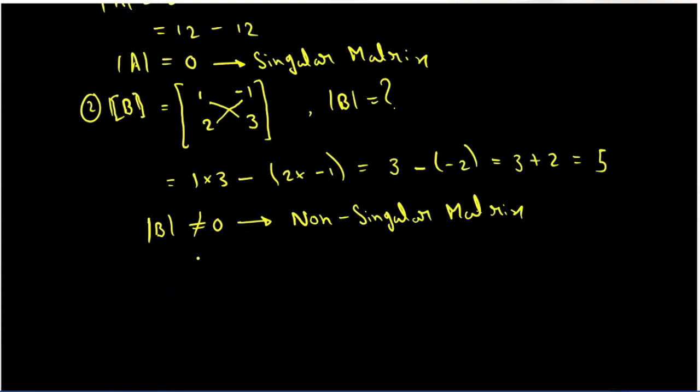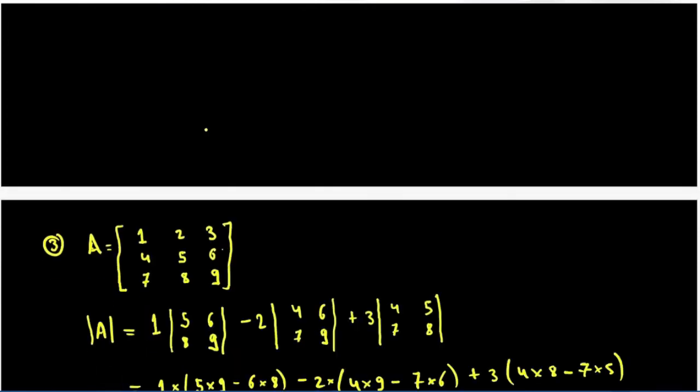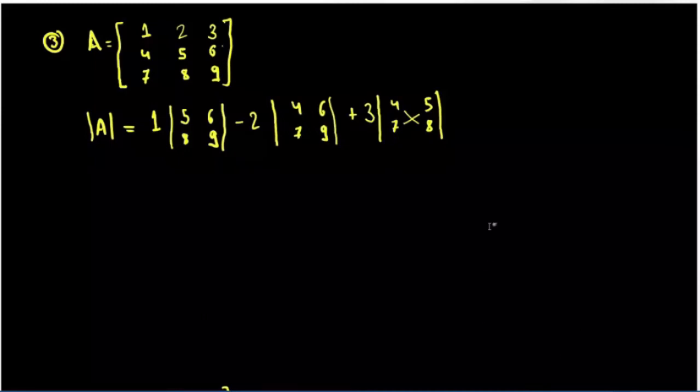But this procedure is for a 2 cross 2 matrix. But suppose I want to calculate the determinant of a 3 cross 3 matrix, then the procedure will be slightly different. I will tell you how we can calculate the determinant of a 3 cross 3 matrix.